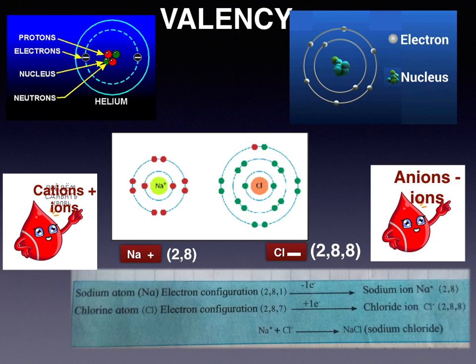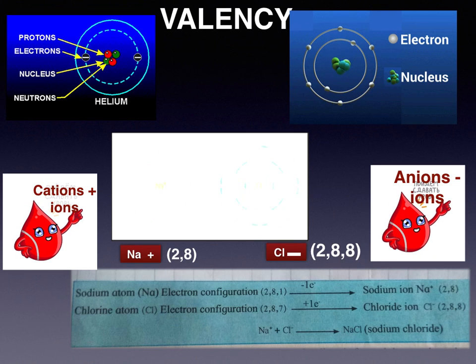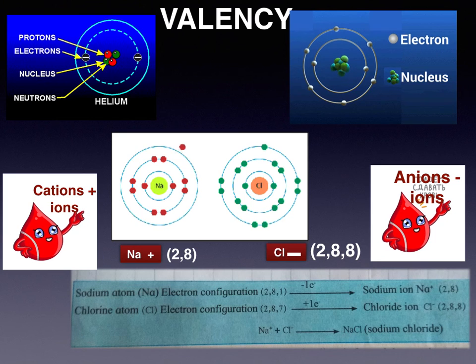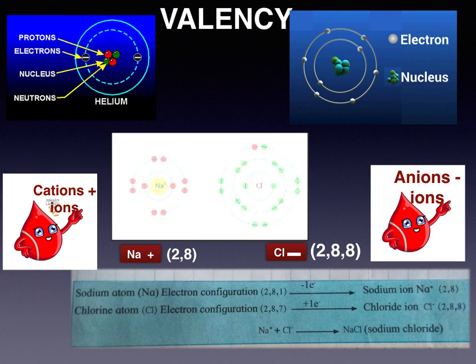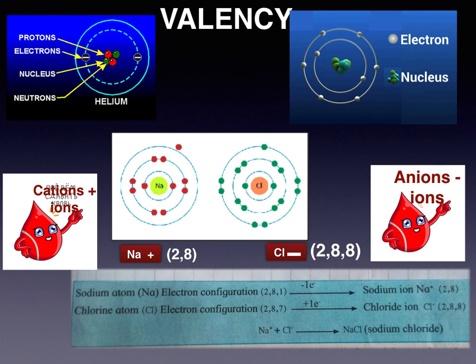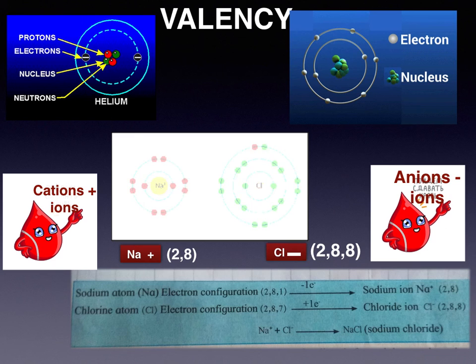Thus, a sodium atom has the capacity to give away one electron, while a chlorine atom has the capacity to take up one electron. That means the valency of both the elements is 1.